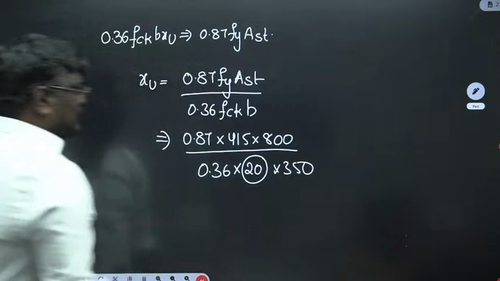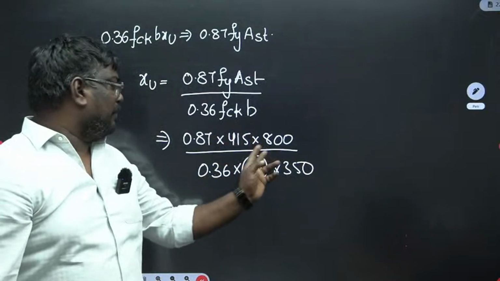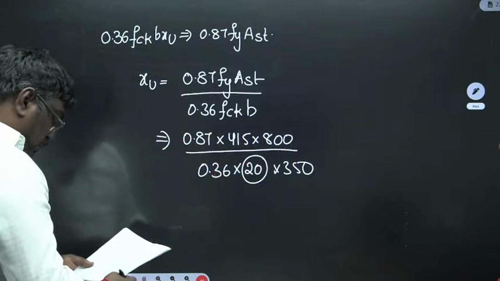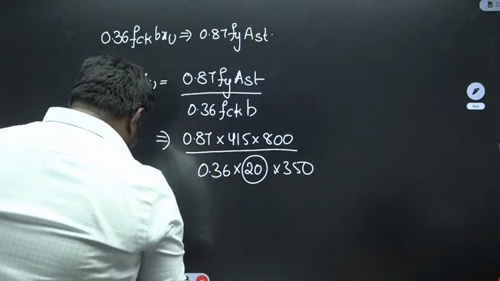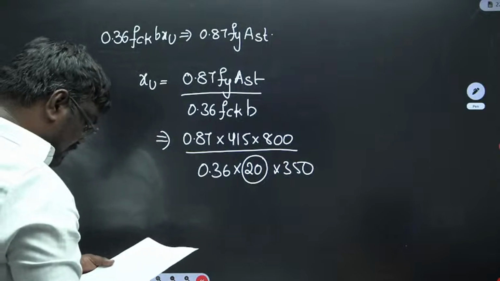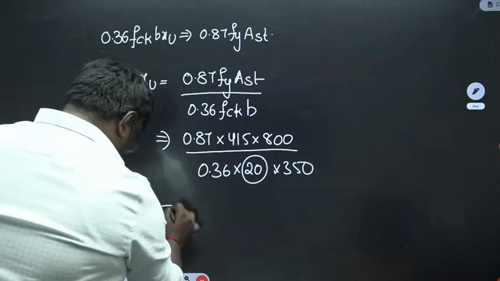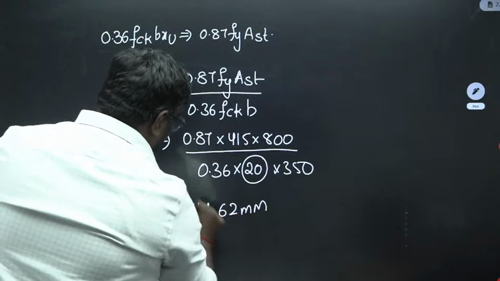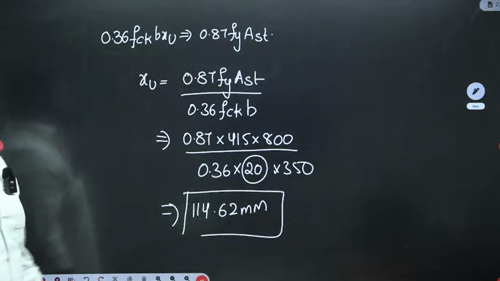So roughly you will get a value. So this depth of neutral axis is equal to 1142.62 mm. This will be the rough answer for depth of neutral axis.